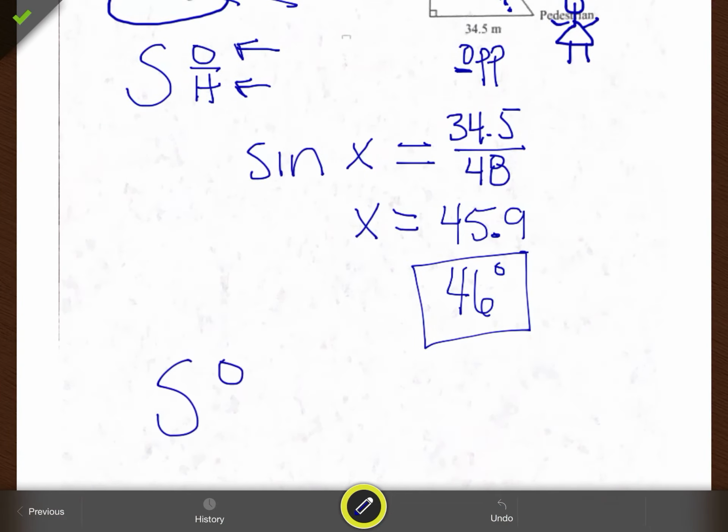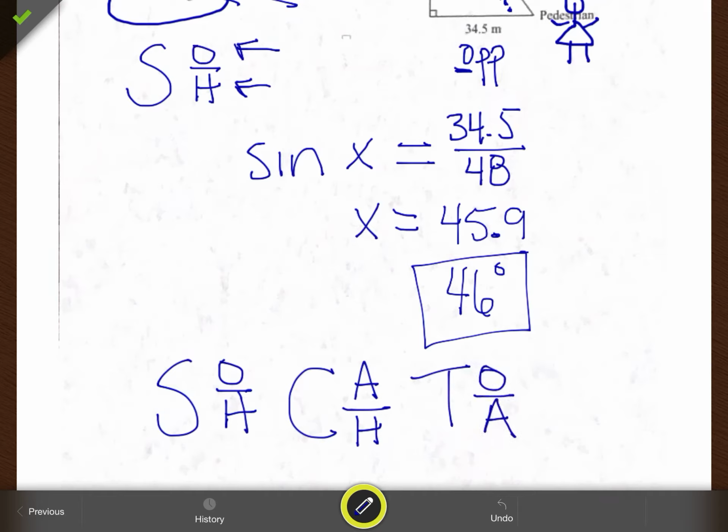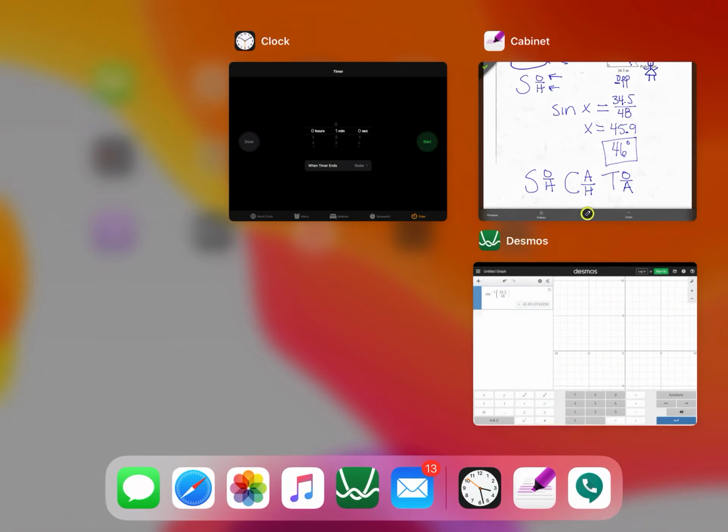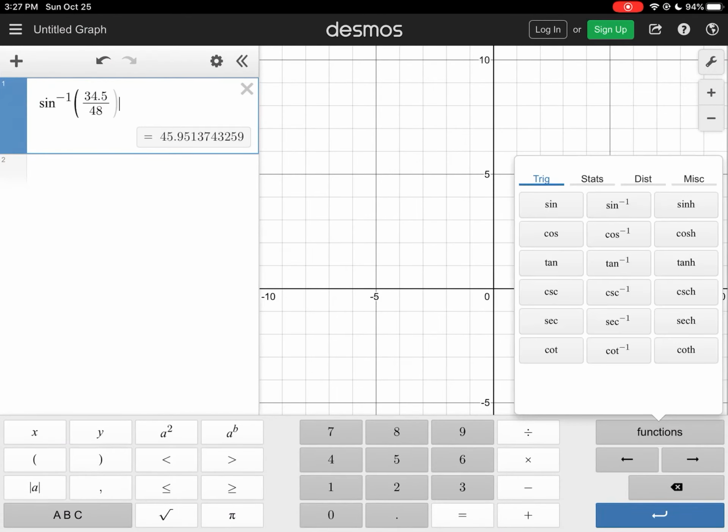Again, you have to memorize your mnemonic, SOHCAHTOA. If you don't memorize this, you will struggle. So take the 10 minutes that it takes to memorize that. When you're looking for an angle, all you do is go to Desmos, use your inverse trig ratio.